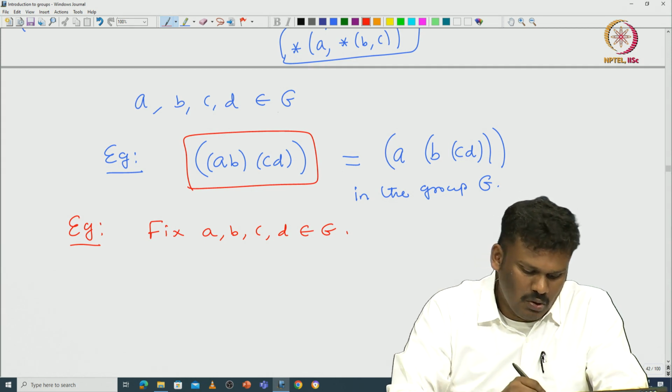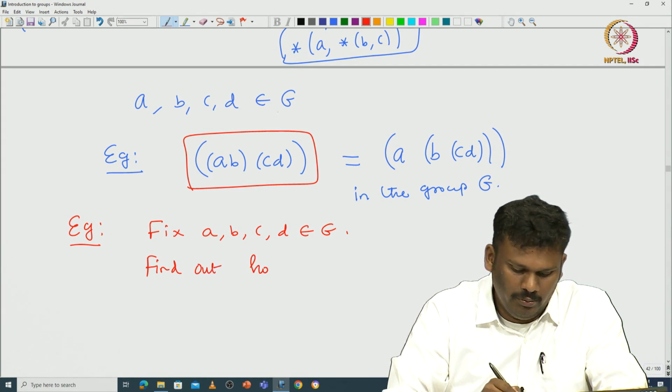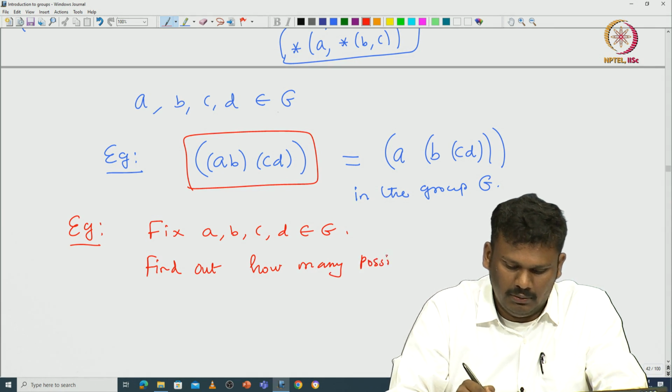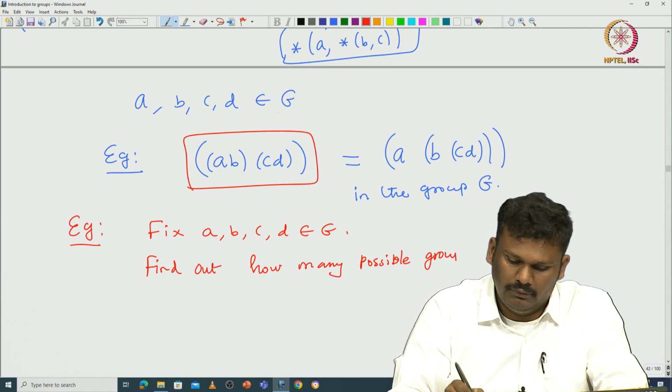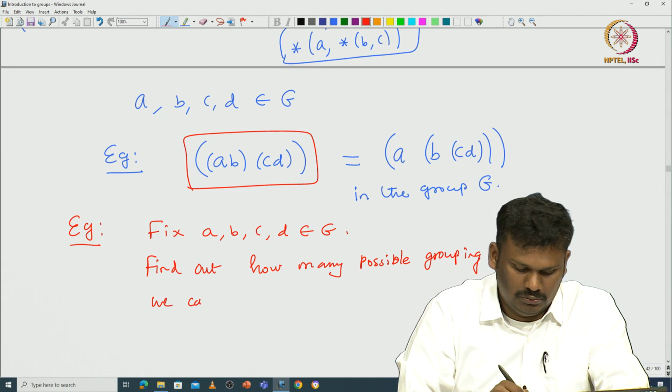So, find out how many possible groupings there are.